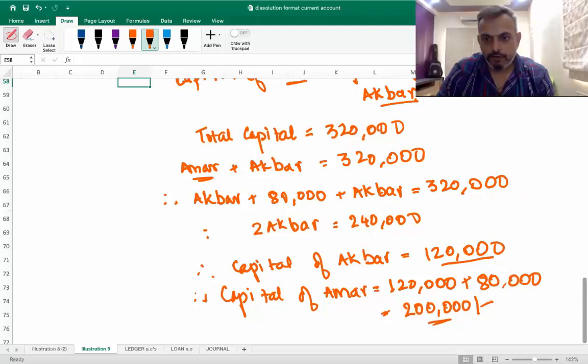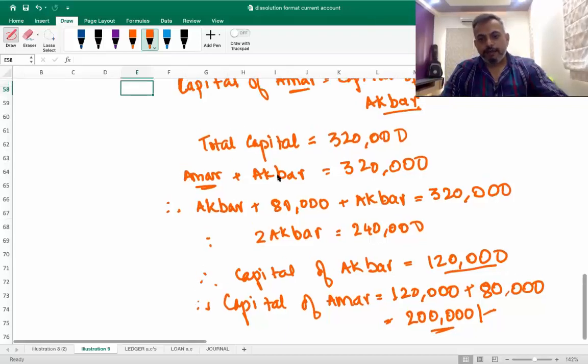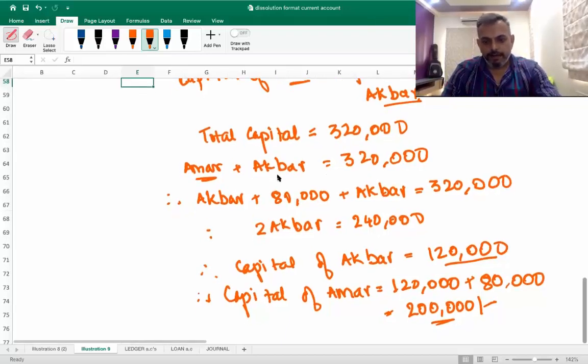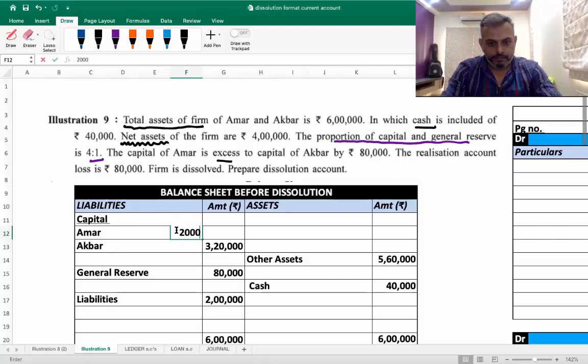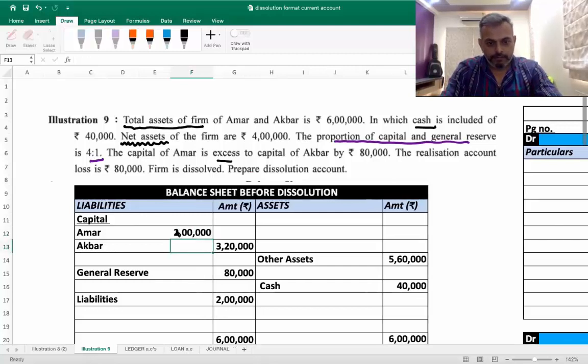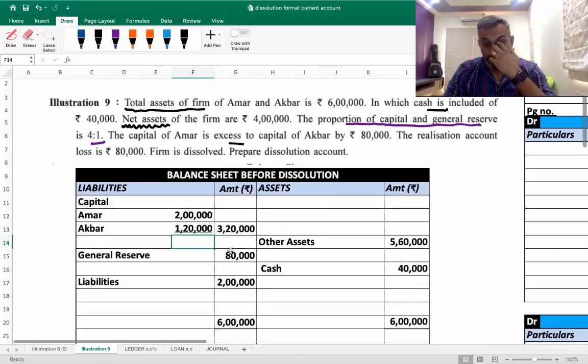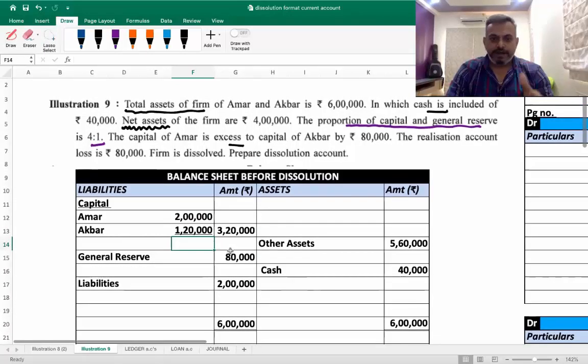So we know now Amar is 1 lakh, Amar is 2 lakh and Akbar is 1,20,000. So now we have our complete balance sheet ready.